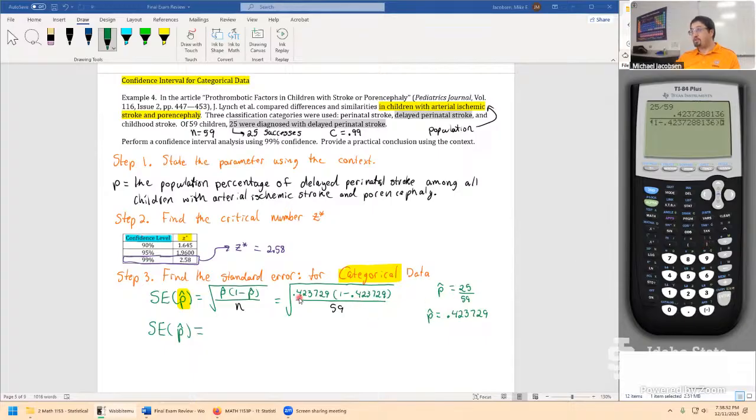Close that parenthesis, and we're doing this to even higher accuracy. Divide by 59. And let me know if you're getting a different value from this quantity here. 0.064333 upon rounding. Does that look right to folks so far?